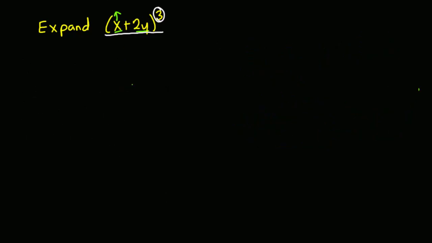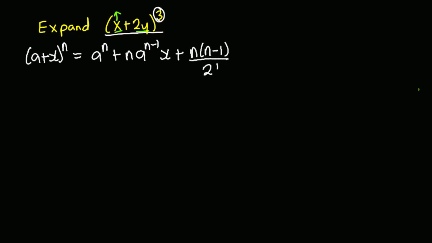Now in the second approach, we are going to use a general formula which says that if we have a plus x all exponent n and you are expanding, the first term, which is a, will be raised to the exponent n, so that will be a exponent n plus the second term, the n is going to multiply a, then the exponent of a will reduce by 1 multiplied by the x plus the exponent times the exponent minus 1 divided by 2 factorial.